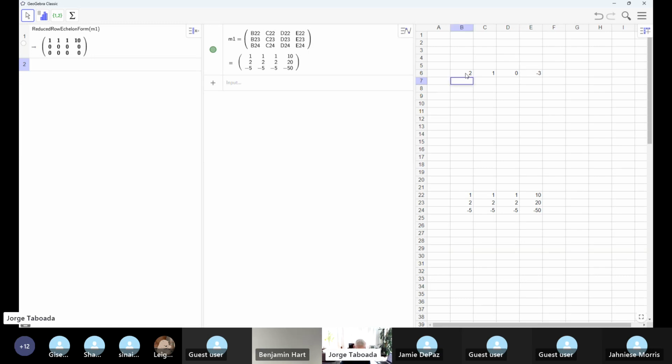This is my first equation. My second is 0, 2, 16, minus 10. My last equation is negative 7, negative 3, positive 4, and positive 8.